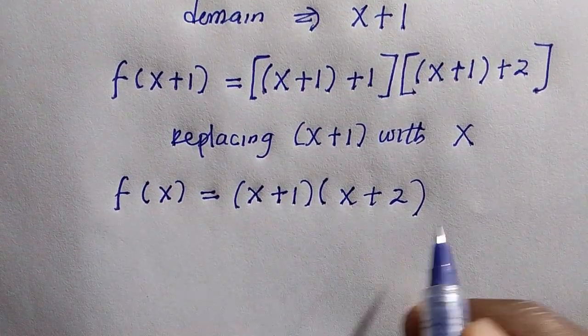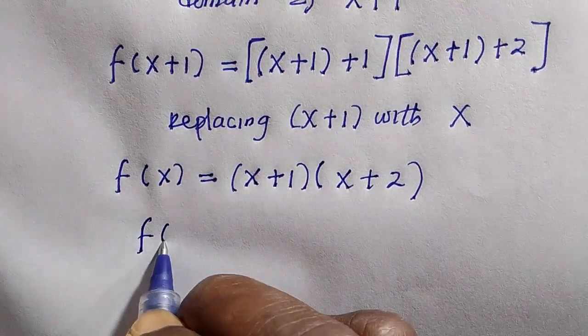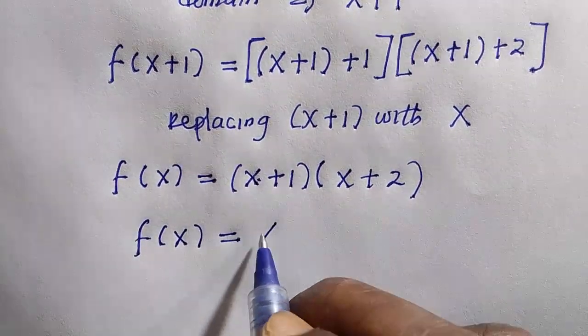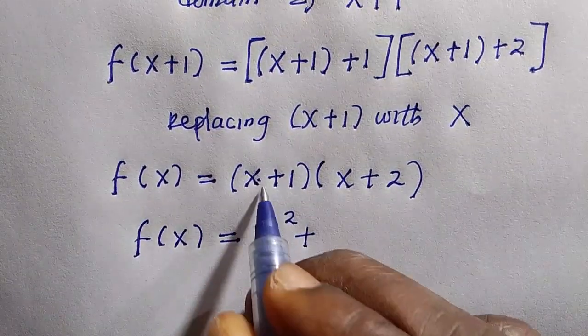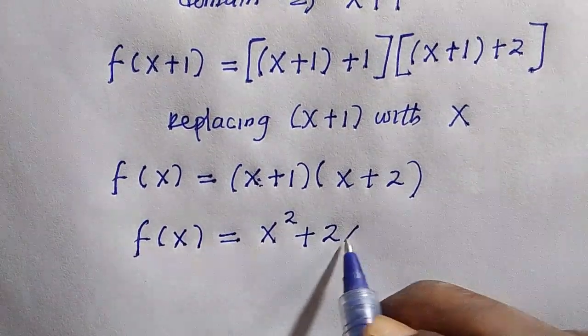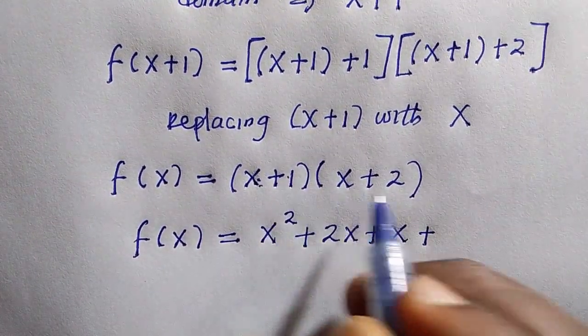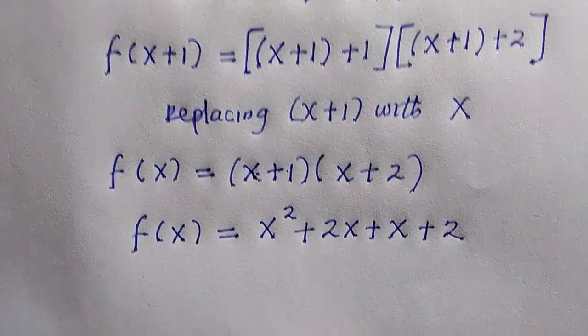So therefore, let's try to open this out. We have f of x equals x multiplied by x, that gives us x squared, plus x multiplied by 2, we get 2x, plus 1 times x, that is x, plus 1 multiplied by 2, we get 2.